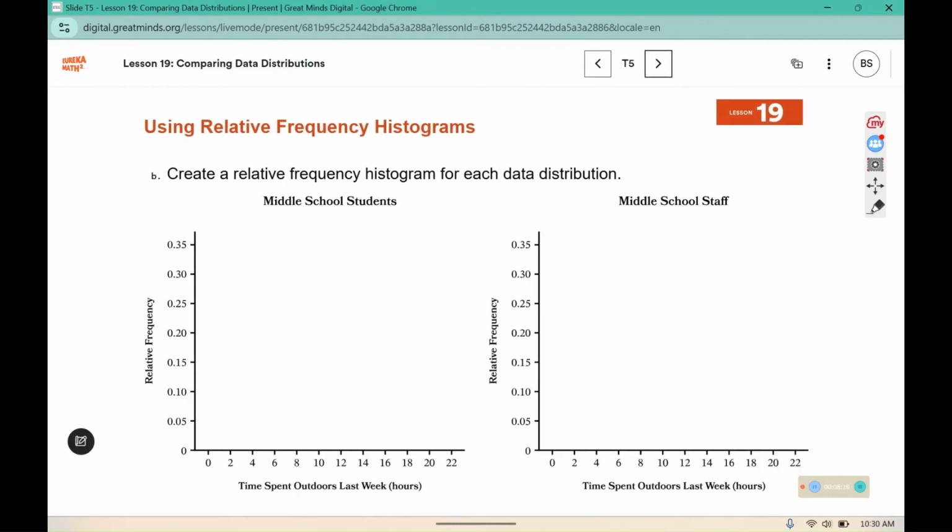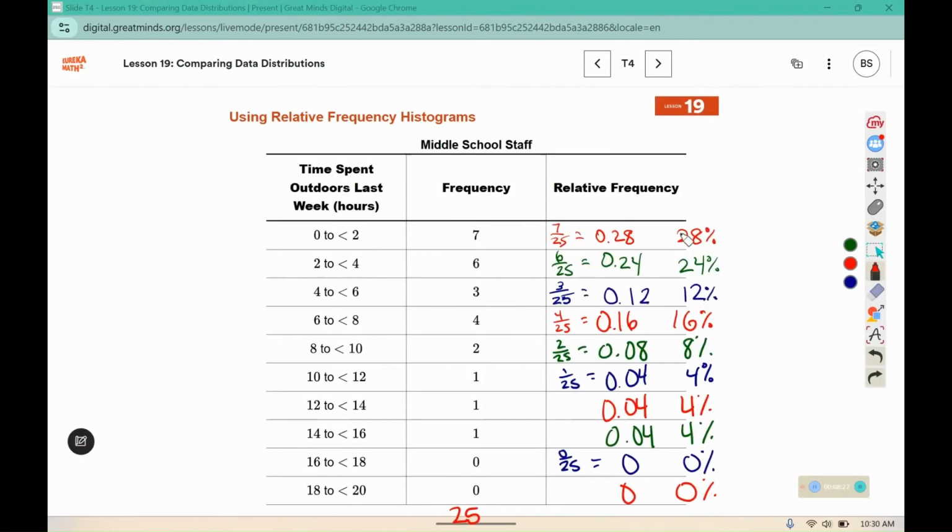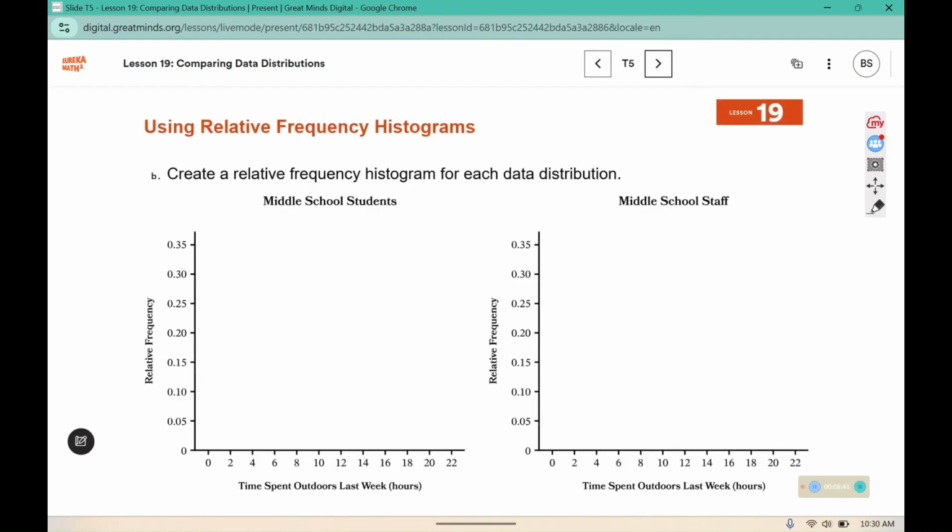So create a relative frequency histogram for each data distribution. We're going to use these decimals, or these percents, as the heights on our relative frequency histogram. So from 0 to 2, we're going to go up to 0.28, which would be just under 0.3.